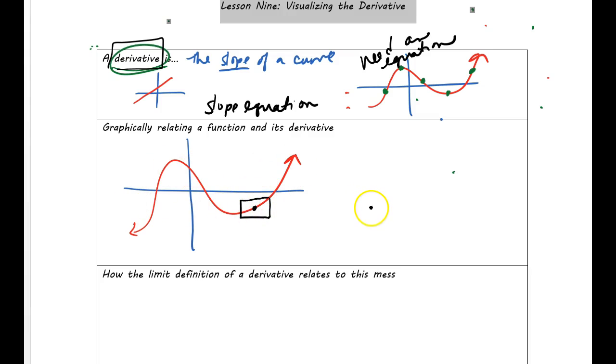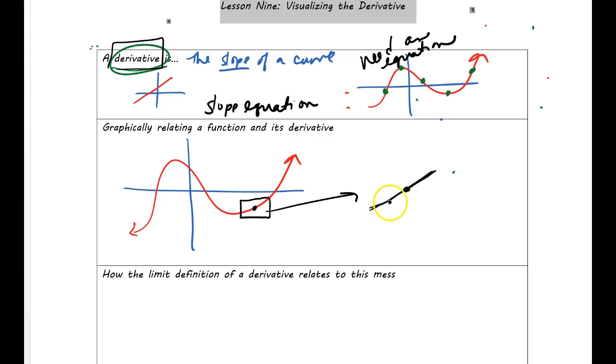If I zoomed in on this, it would look something like that, right? It has a little bit of curve to it still, but we might zoom in a little closer on this point. And the goal is, what's the slope here? Once we zoom in, it looks straighter, more linear than it did over here.